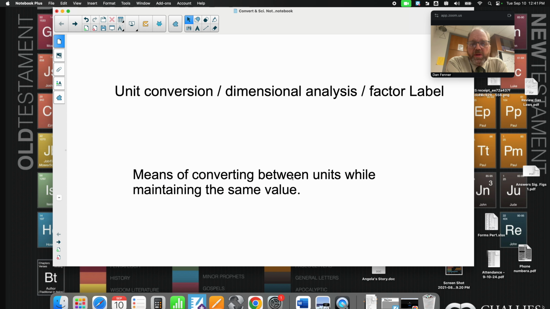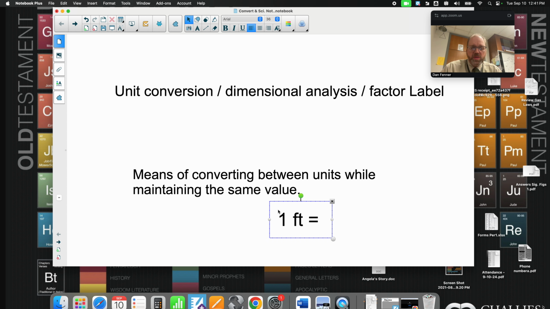That's a means of converting between units while maintaining the same value. So what we're going to do is take a number like 1 foot is equal to 12 inches. Now, if we look at that, that's an equality. I can, in effect, divide both sides by 12 inches.